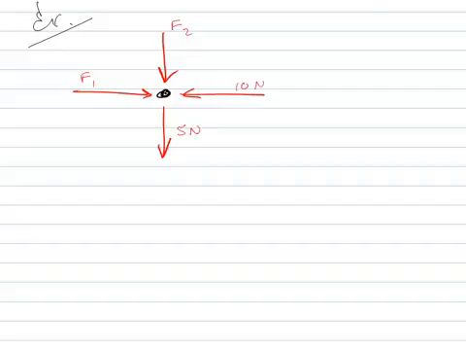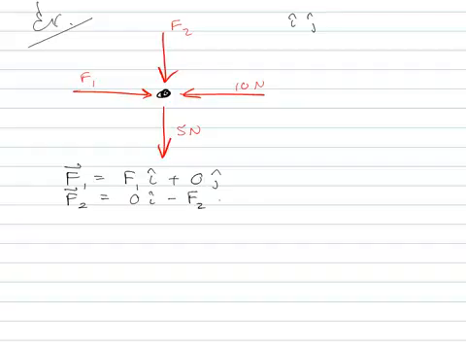Okay. So if I'm going to write these out, F1, I don't know what it is, but it goes to the right. So if I'm just doing I hat, J hat, its total magnitude is in the I hat direction. F2, its total magnitude is in the J direction, so 0 minus F2, and it's in the negative J direction.